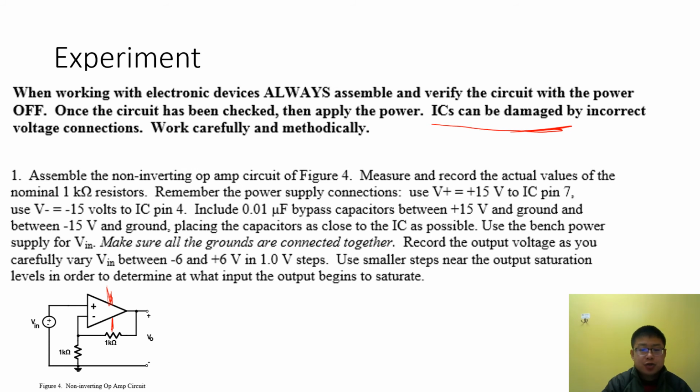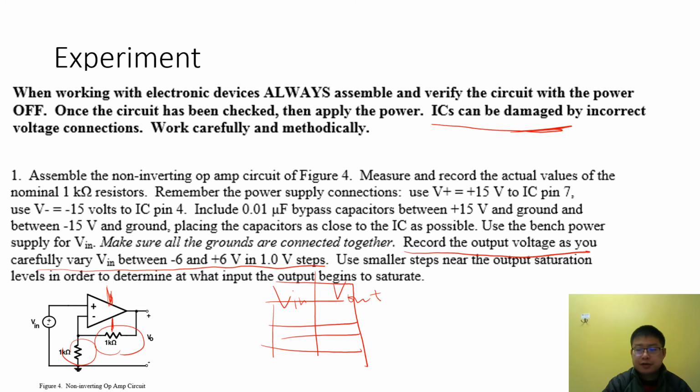Follow the instructions and record the output voltage as you carefully vary Vin from -6 to +6 volts in 1 volt steps. You need to attach a table in your lab report with the input and output, and you also need to write down the actual resistance of the resistor.